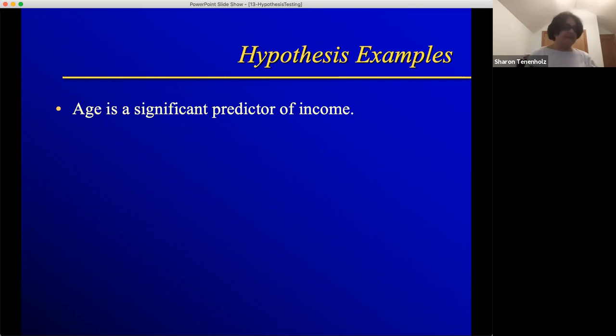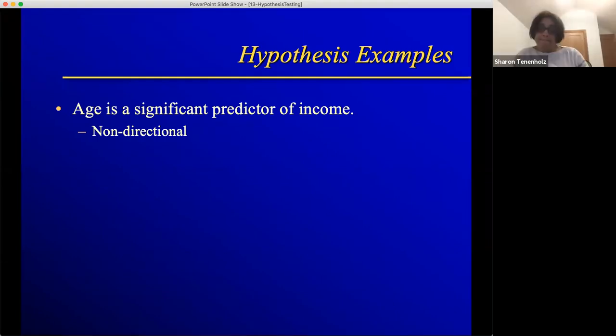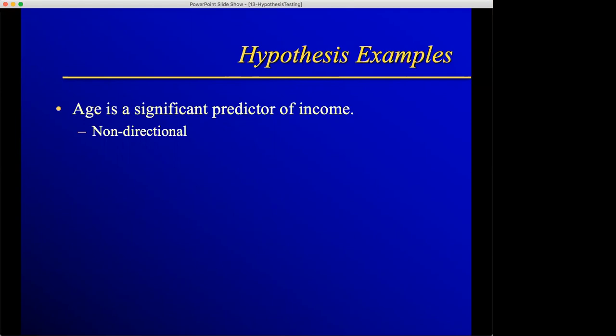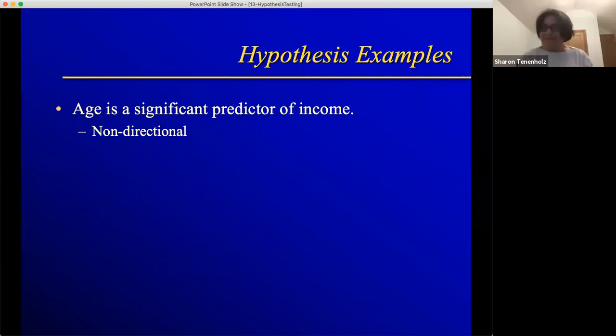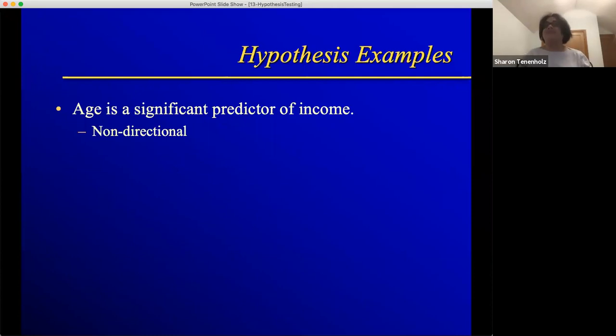Now, is this a null or an alternative hypothesis? Shelby? No. Why is it a null hypothesis?